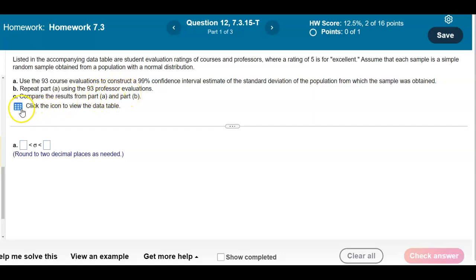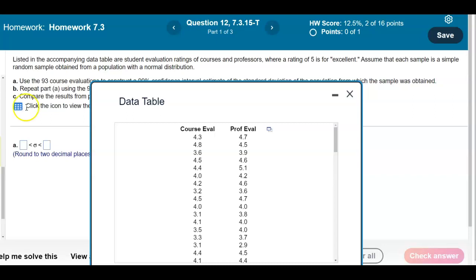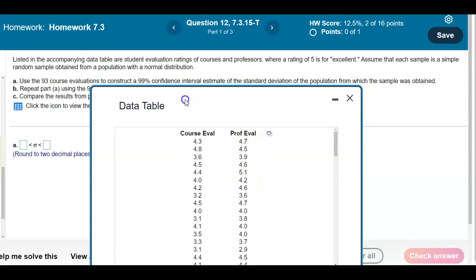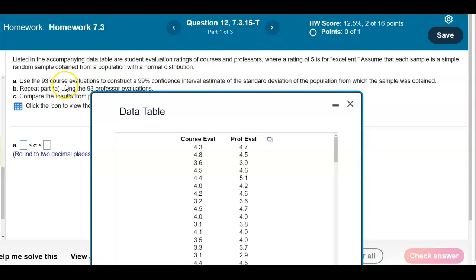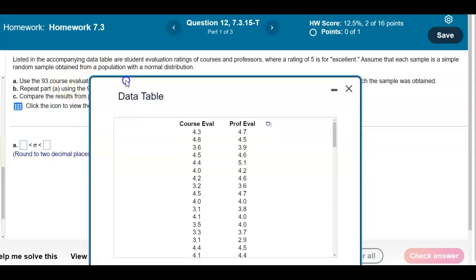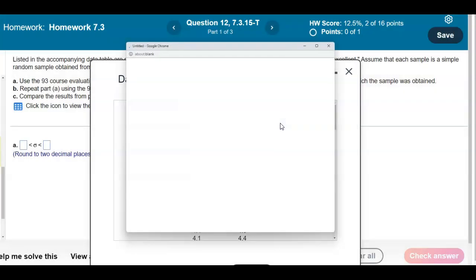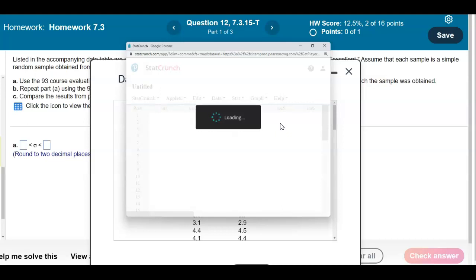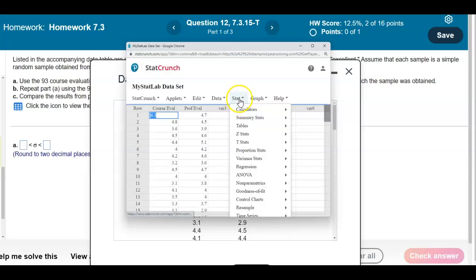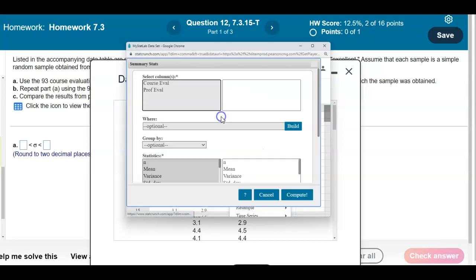And then in Part B, we're going to repeat Part A using the 93 professor evaluations, and then we're going to compare. So when we click on this, you're going to see that we have the course evaluations list and the professor's evaluations list. In Part A, they want us to find the course evaluations list. So we're going to open in StatCrunch and find the summary stats for each column.